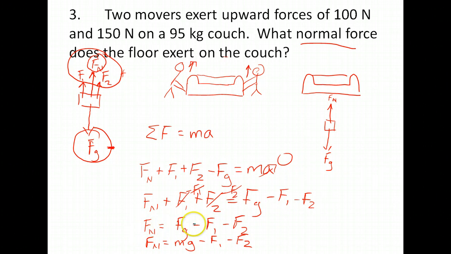Now that we have that, let's plug in some numbers, and I'm going to continue right over here on this side. The normal force is equal to the mass of the couch, 95, times the acceleration, 9.8. And then we're going to add in the force of those lifters.